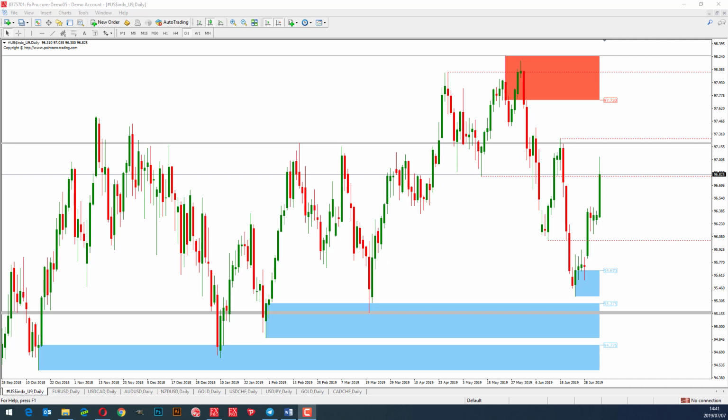Price dropped into the 96.100 demand zone when market opened last week. You can see this bearish candle, which had a price drop into the 96.100, a strong demand area.